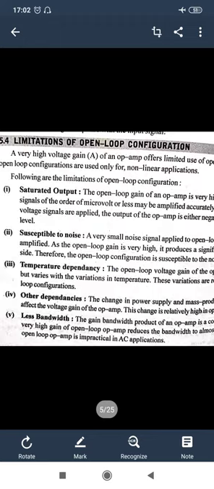When we use open loop configuration, we produce a large gain, but there are limitations: saturated output, susceptibility to noise, temperature dependency, other dependencies like power supply variation and mass production, and less bandwidth.